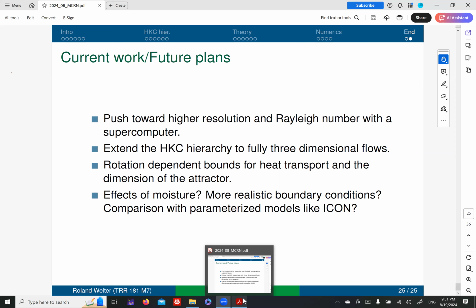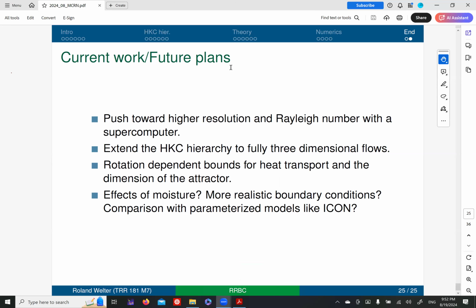Is there any other method, besides what you have presented, that you know of that's out there to get a good approximation of the manifold, like a good lower bound on M? Is there any other method you could use besides looking at the Rayleigh numbers and the Nusselt number?